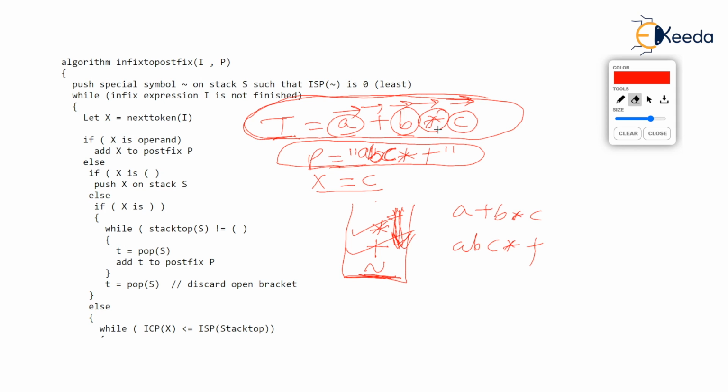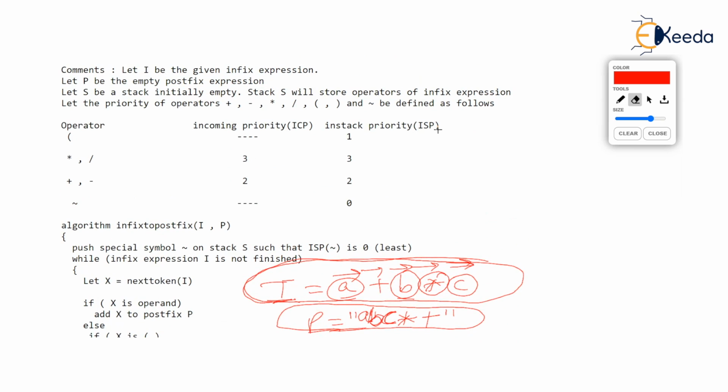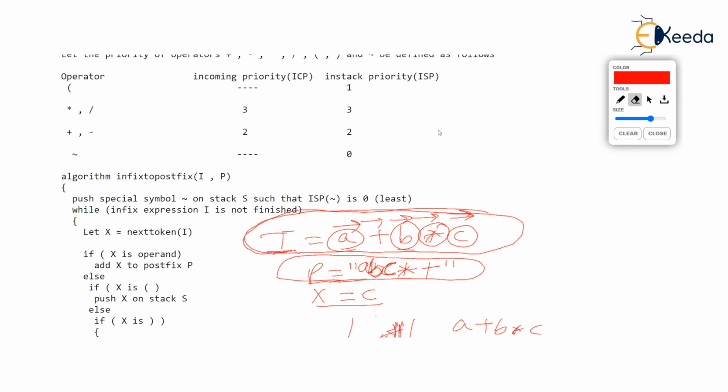Now, in the beginning of the algorithm, I have defined a table here, the incoming priority and in-stack priority of various symbols. I call it ICP and ISP, incoming and in-stack priority. Now watch very interestingly, open bracket is not having incoming priority at all.